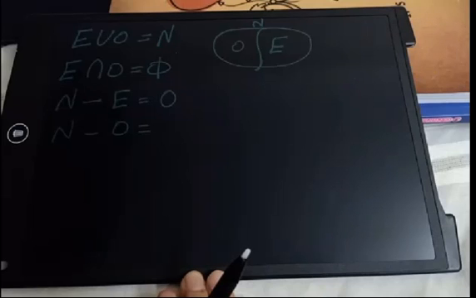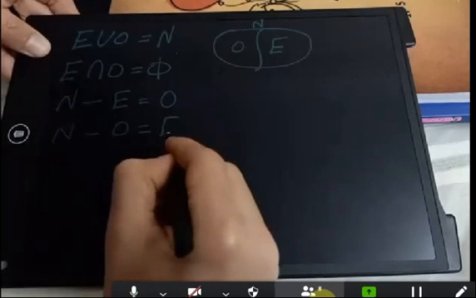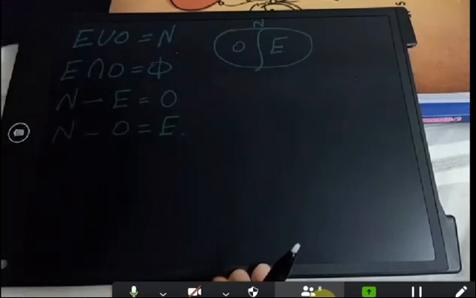Ibrahim asks: what if I do N difference P, the prime numbers? Okay, I will answer it when we finish the O and the E. Ibrahim, N difference O equals what? E. Yes. And for your question, I can't simplify N difference P. Why?